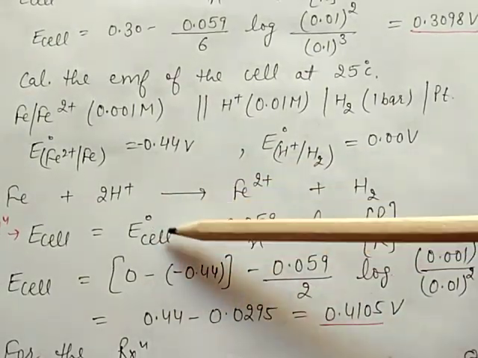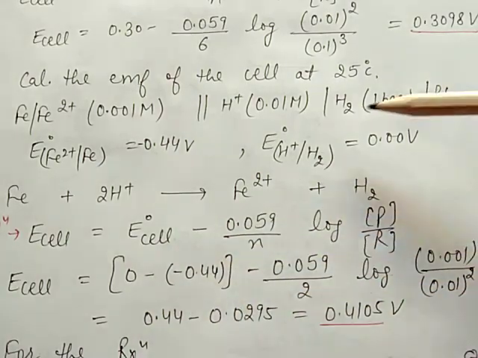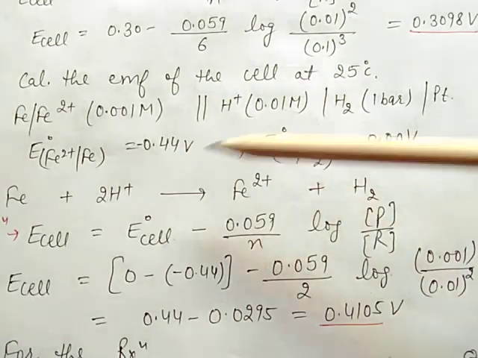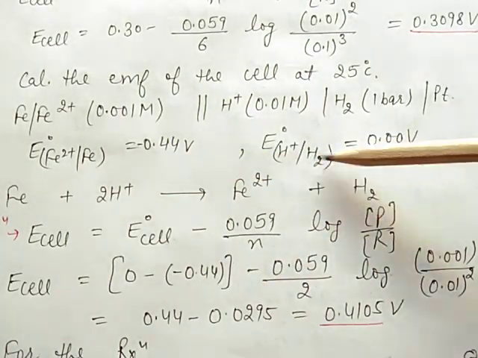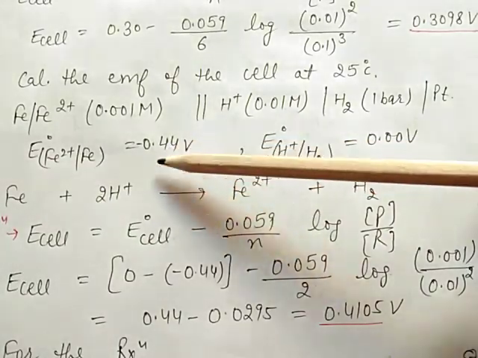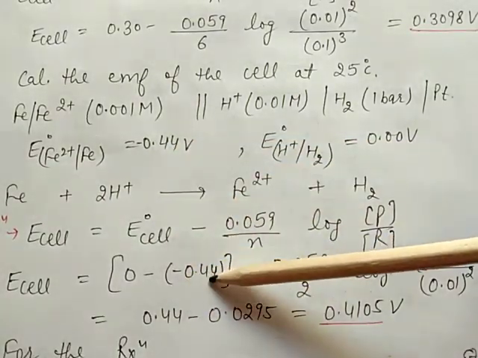E naught cell, how will you calculate? Cathode minus anode. On the cathode reduction takes place, means the hydrogen electrode, that is 0, and oxidation takes place on the iron side, that is 0.44.